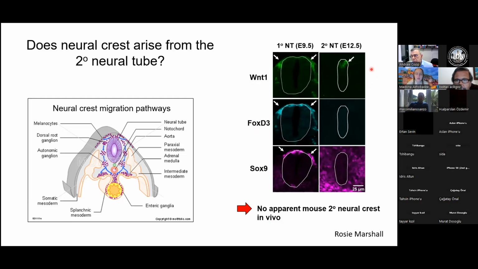So when we look in the secondary neural tube of the mouse embryo, although we see some expression in the neural tube here of Wnt1, and we occasionally see it in the FOXD3 also, we don't see any evidence of migration from the secondary neural tube in the same way as we do for the primary. So at face value that suggests that the secondary neural tube is not capable of forming neural crest.